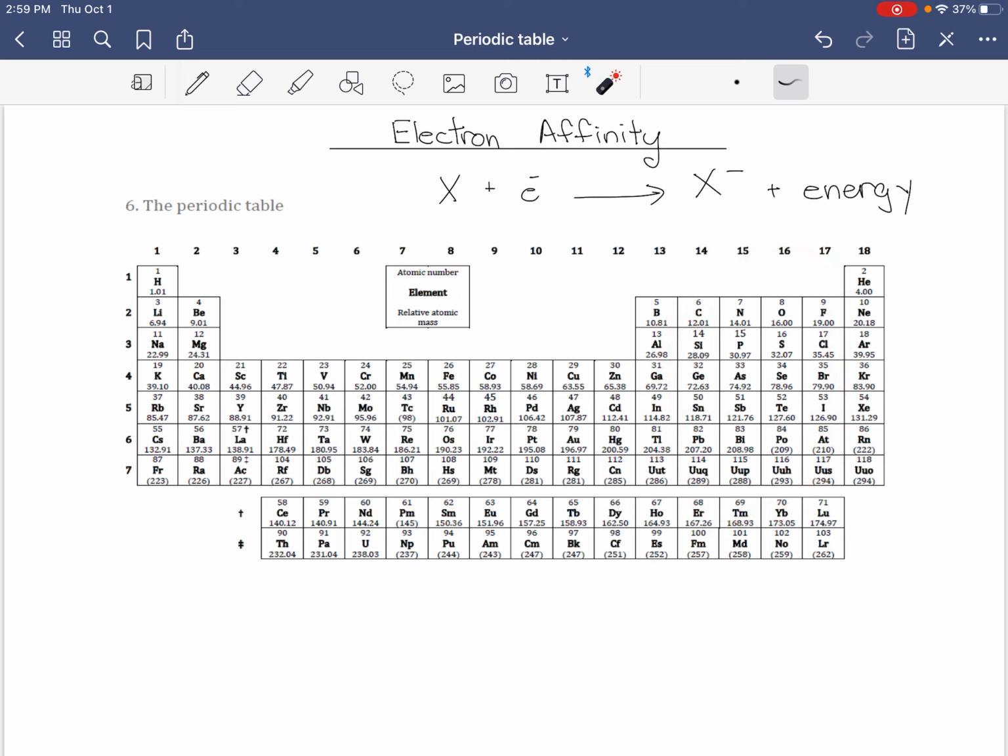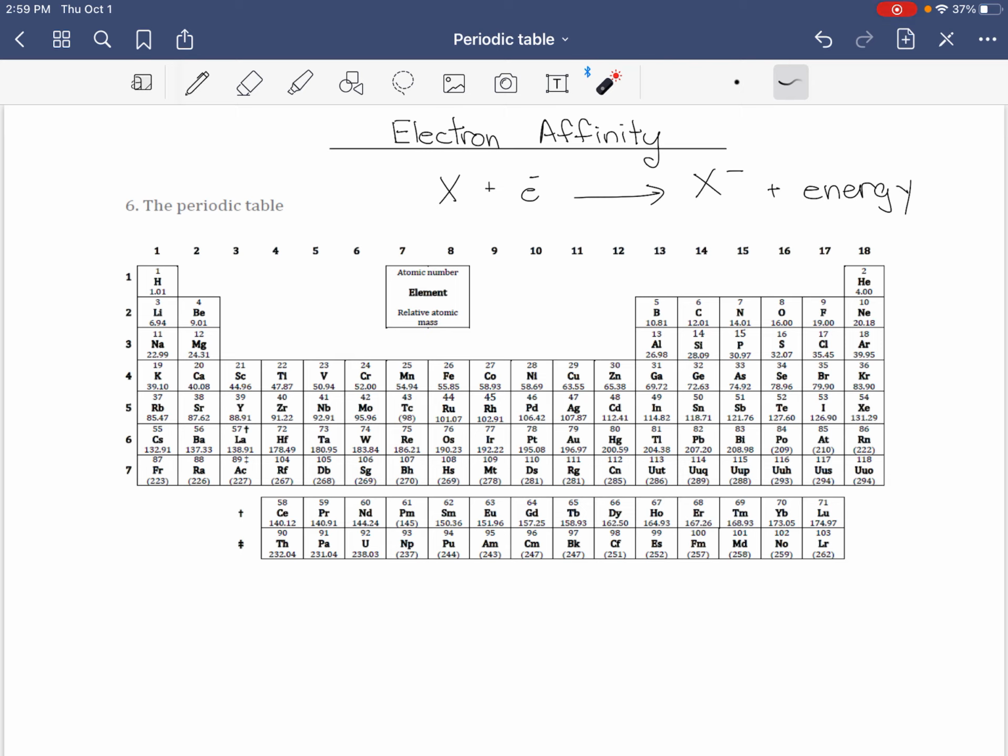They don't want to do anything because they're already so stable and happy. But not these guys. These guys are desperate for one electron, because if you were to give them one more electron, they look like the noble gases. And because of that, they release lots of energy when you give them that one more electron.